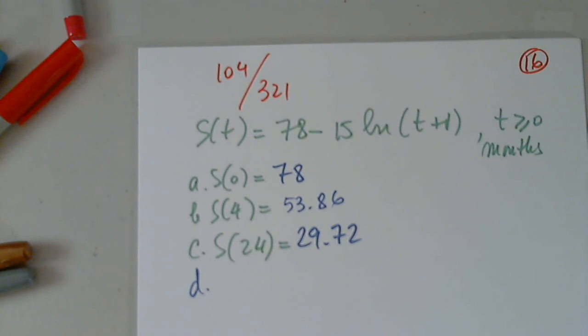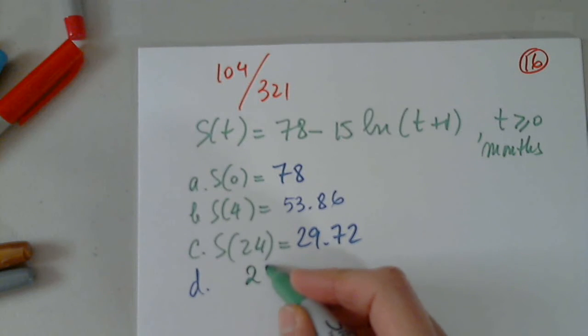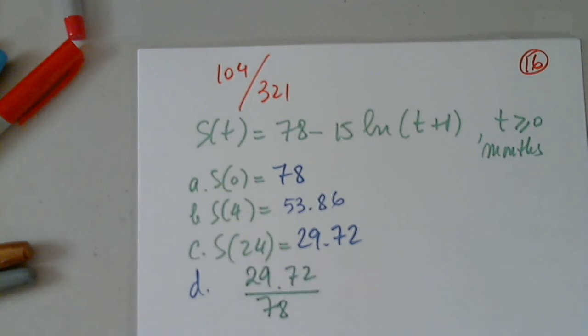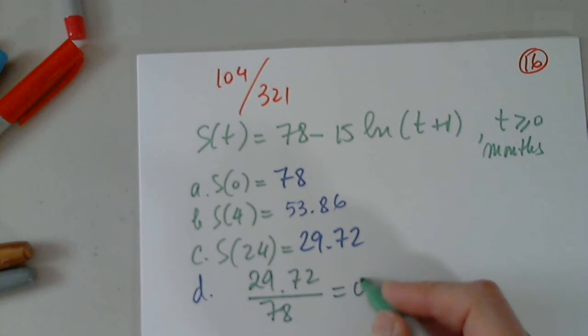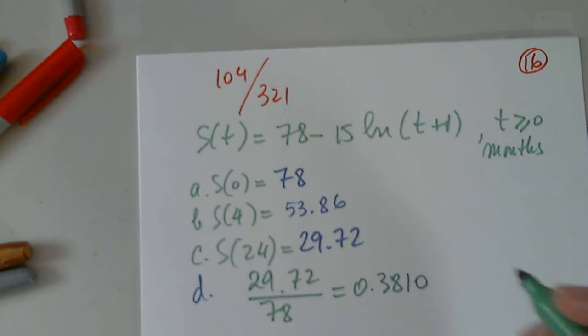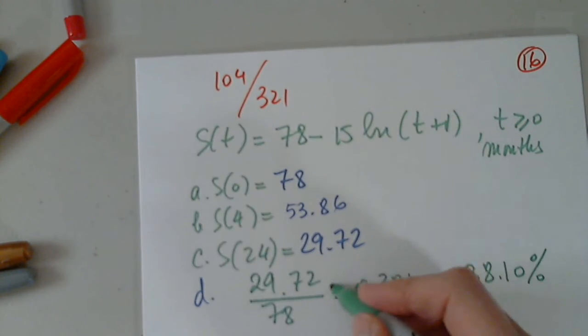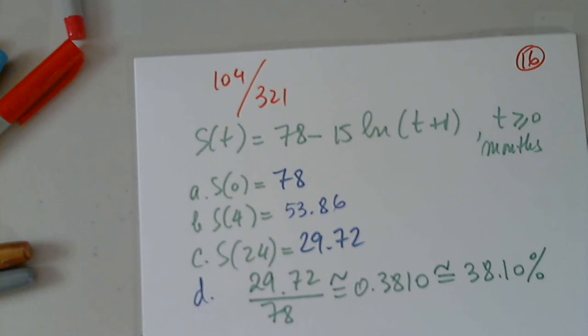Okay, so they're asking us to divide 29.72 by 78. 29.72 divided by 78 is 0.3810, which is 38.1%. Approximately, of course, I rounded it.